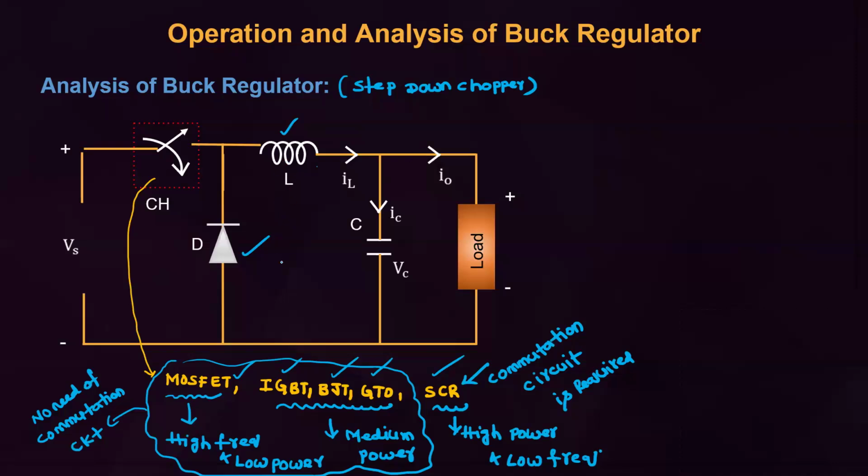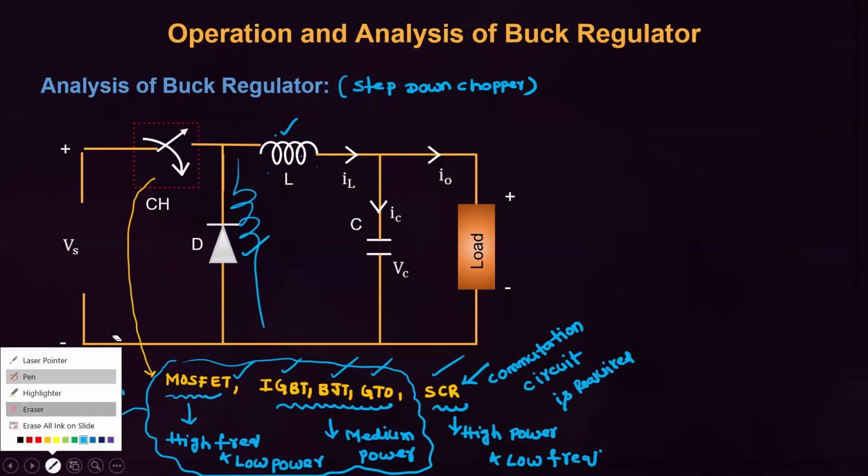You take either the inductor or the diode as reference. If the inductor is at the load side, that is the step down chopper, that is the buck regulator. If the inductor is at the source side, later on you will see that circuit, that is called the step-up chopper. If the inductor is in the middle like this, then it is the up-down chopper.